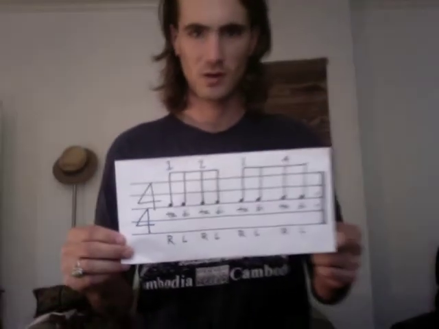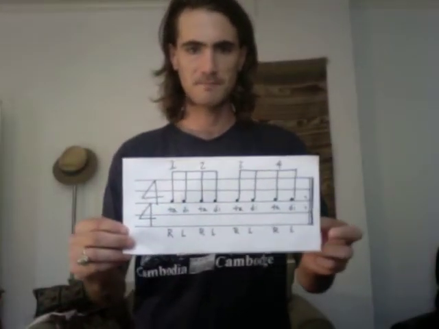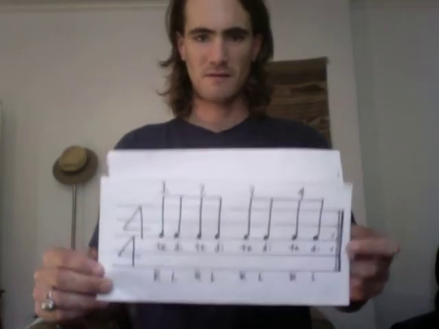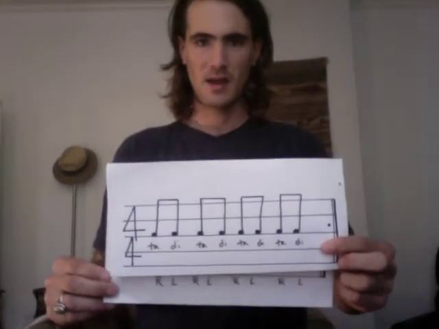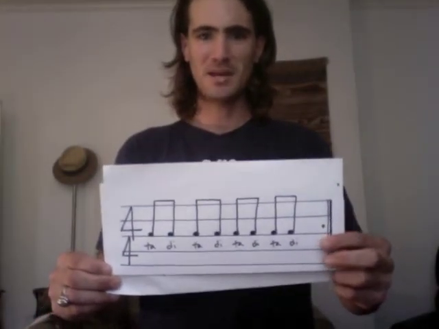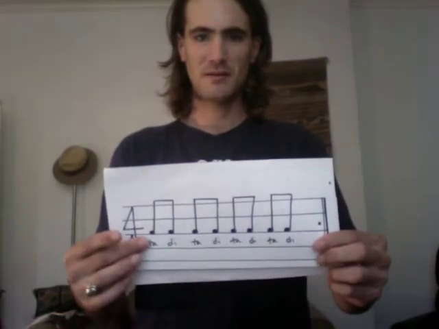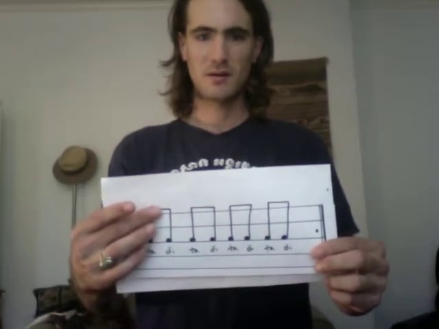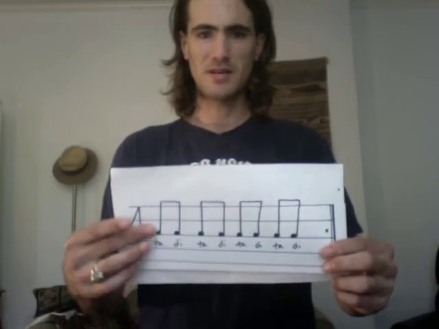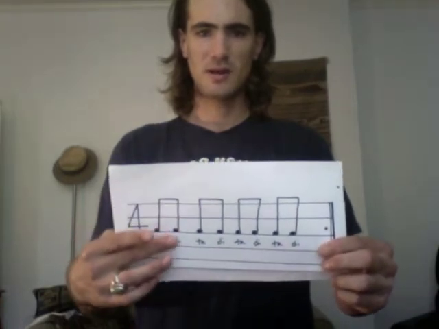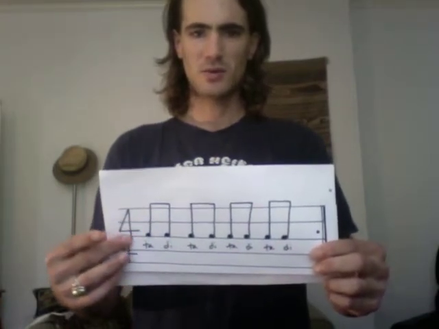I'll step back so you can also see my eyeballs. In the first example, I have beamed the eighth notes into their beats. 2 eighth notes is equal to 1 quarter note.